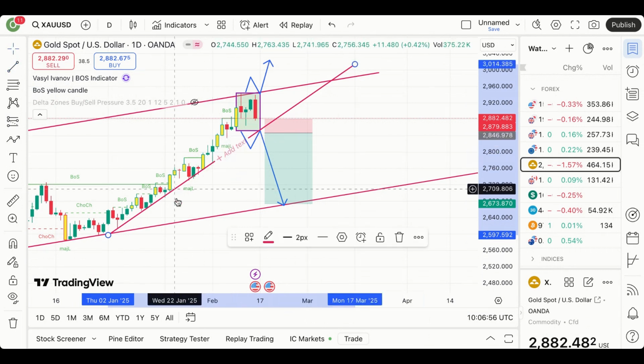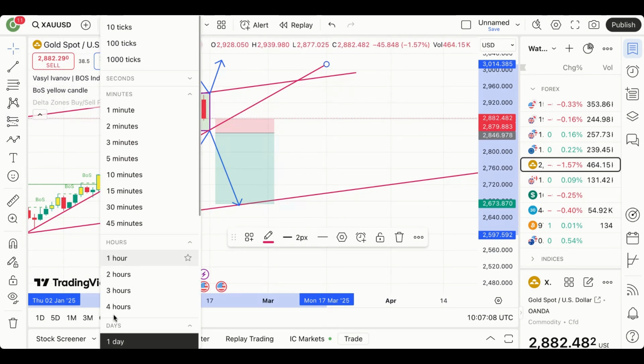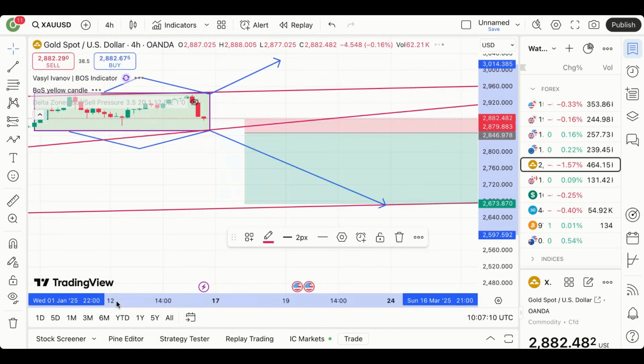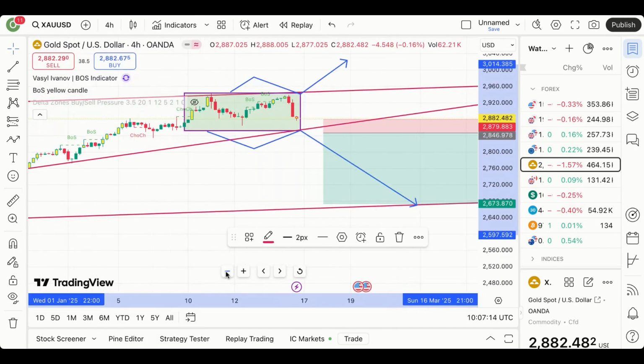So let's look for a lower high. A lower high here. I think when we put it to 4 hours. Yes. So it's at this end, this area, this region, this support here.